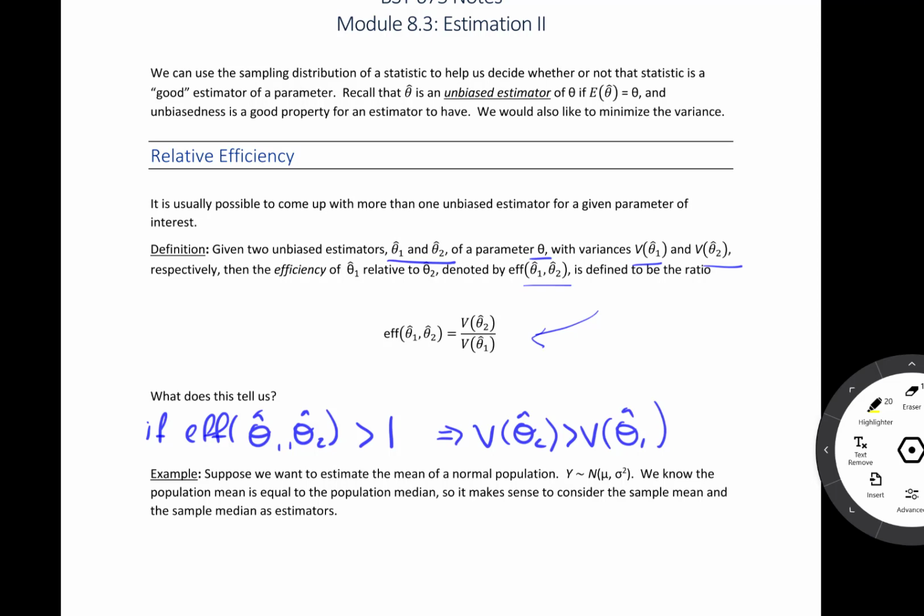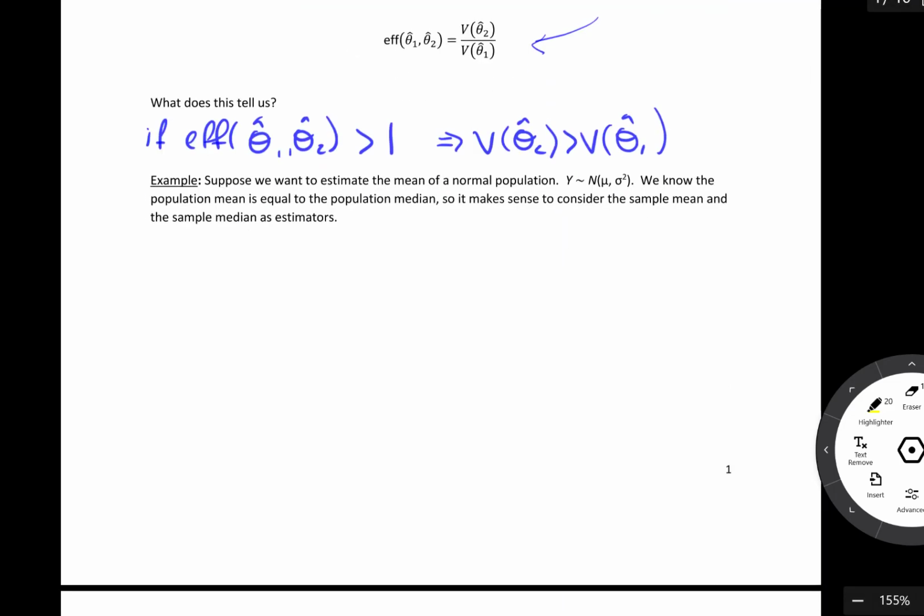It gives us a way to compare the variances. Not only will we be able to see which one's larger based on whether or not the ratio is greater than or equal to 1, but we can also, looking at that ratio, understand how much larger. For example, suppose we want to estimate the mean of a normal population.